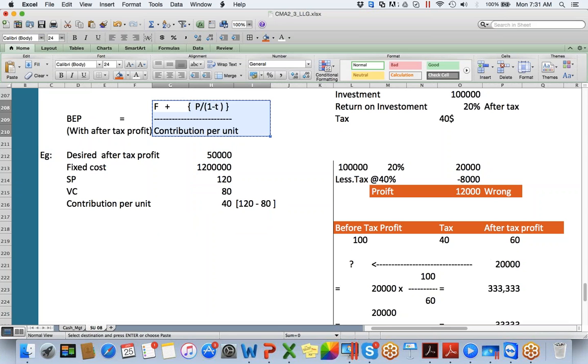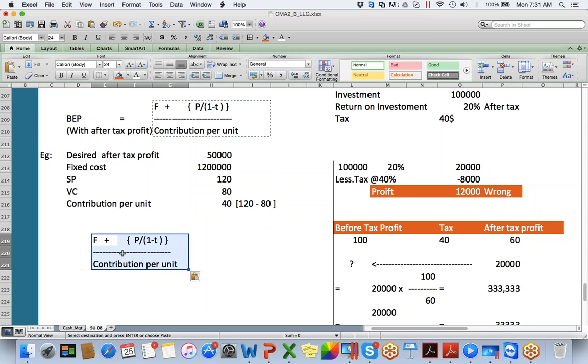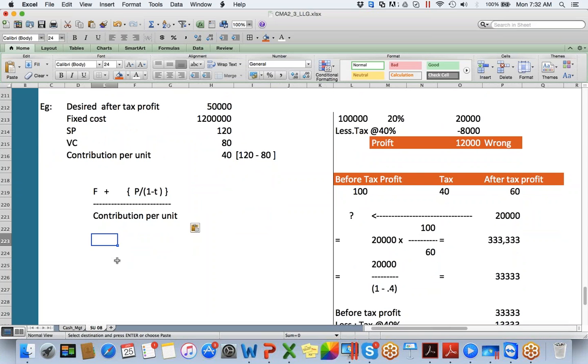This much. Okay. Now let us apply in the formula. What is the formula here? Okay. Now fixed cost. What is fixed cost? 1,200,000 plus, yeah, here profit. What is after tax profit? 50,000 divided by 1 minus T. Oh, I didn't give you tax rate. Okay, fine. Let us say it is 40%.